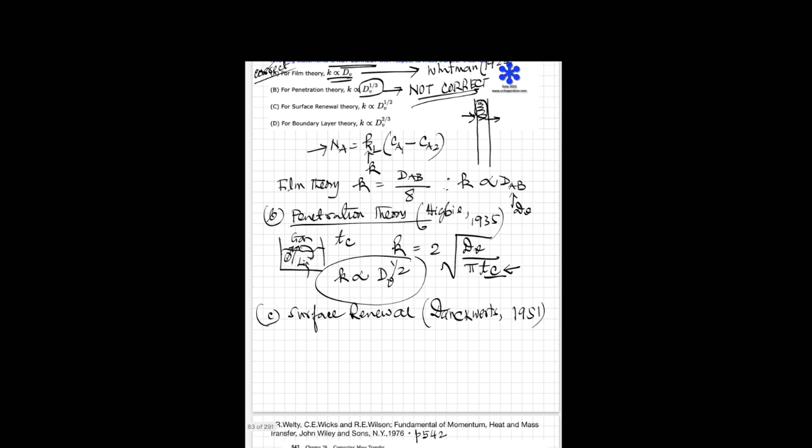Here it assumes that there is a distribution of the exposure time, and there is something called surface renewal rate, and according to this, K is proportional to the square root of dV times S, where S is the surface renewal rate. So again here you see that K is proportional to dV to the power half, which is correct. So this is also correct.